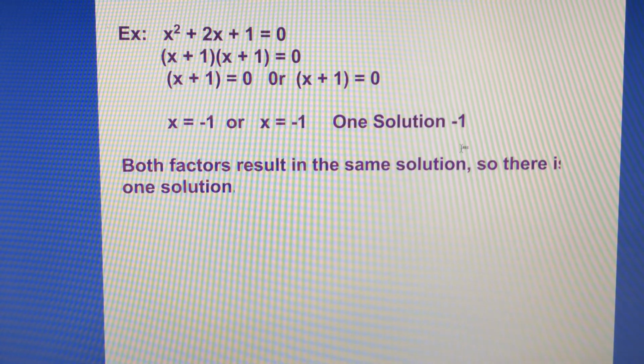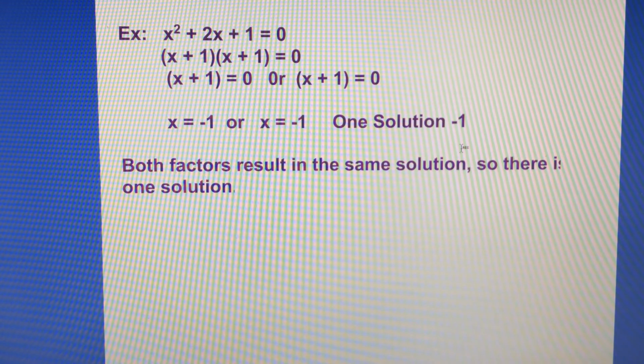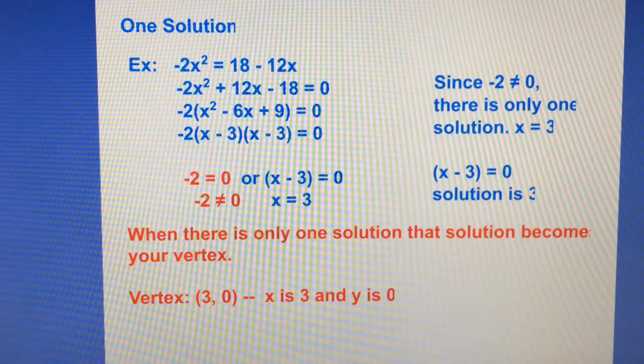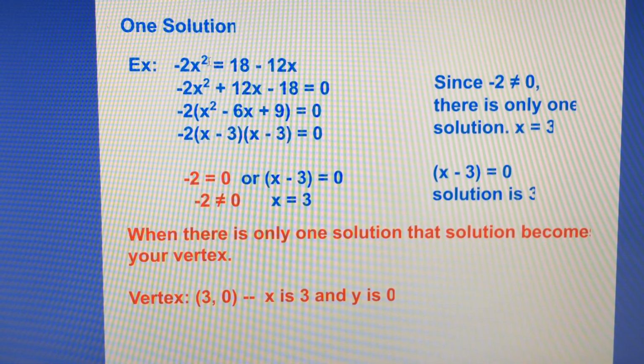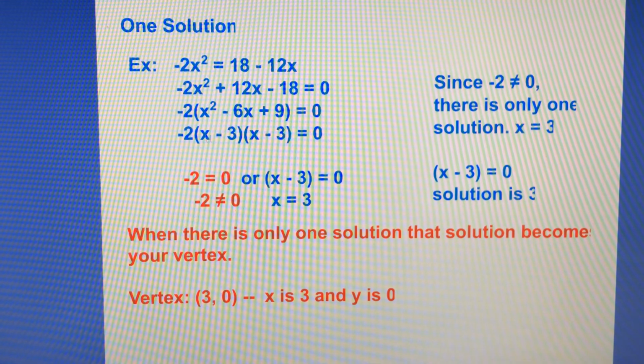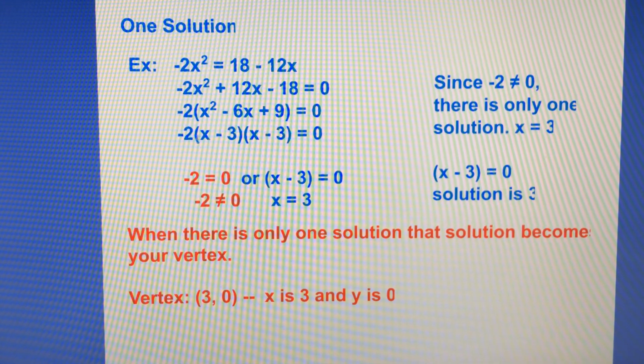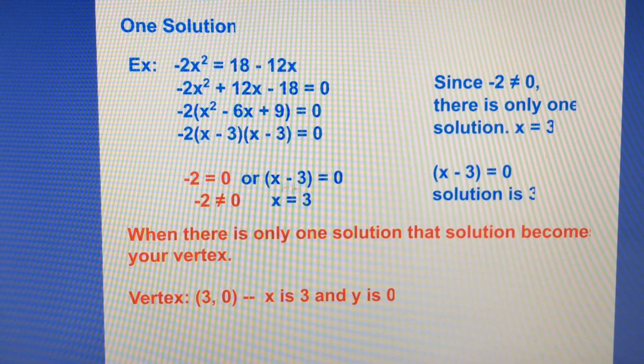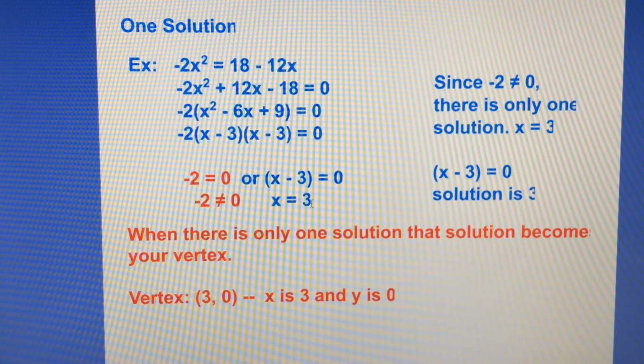If you only have one solution, and that becomes your axis of symmetry, does that mean your vertex is also there? One solution. I go ahead and I factor these equations. Negative 2, don't worry about this negative 2 because negative 2 is never going to equal 0. That means the x minus 3 has to equal 0.